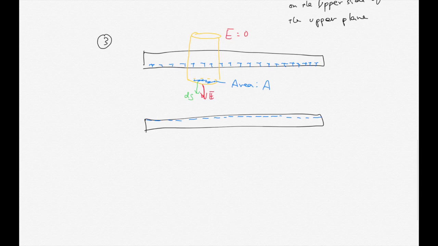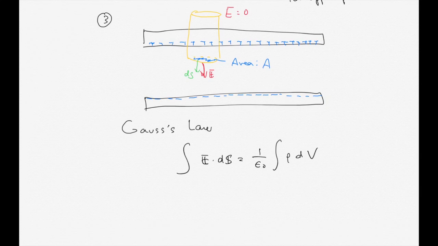Then we apply Gauss's law on this Gaussian surface: the integral of E dot dS equals 1 over epsilon naught times the integral of rho dV. In the left-hand side, we just consider the contribution from the bottom, because the surface integral over the upper plate becomes 0, and the side also becomes 0.